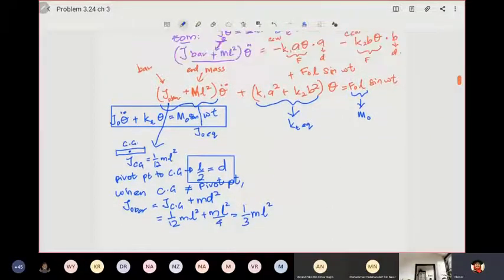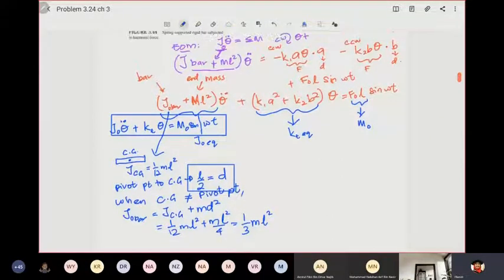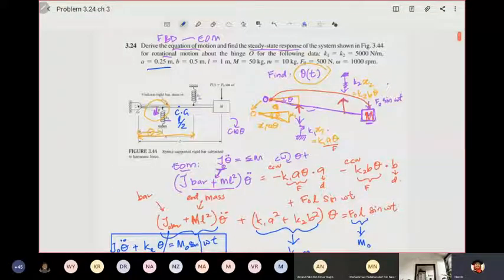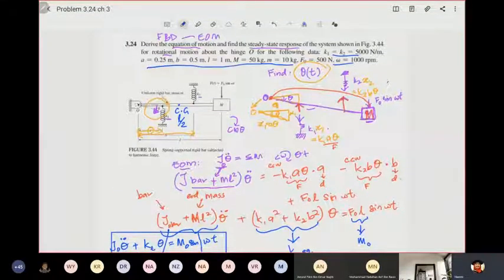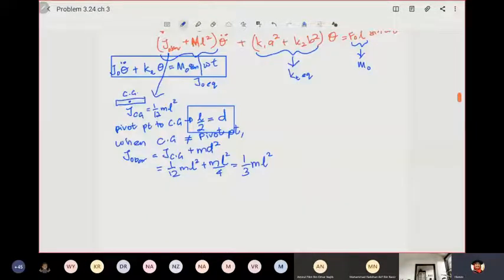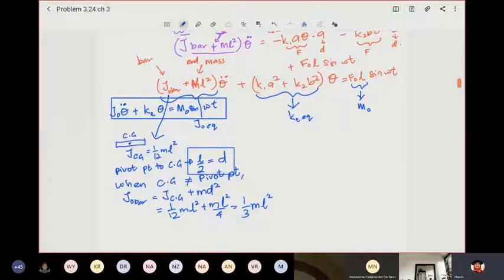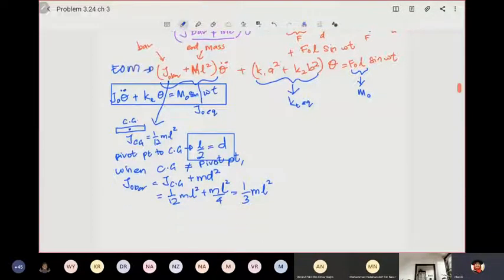Then the next step: you have all the values in the question, isn't it? So you can substitute into the equation and solve. Once we have the EOM, you can solve for your capital theta.